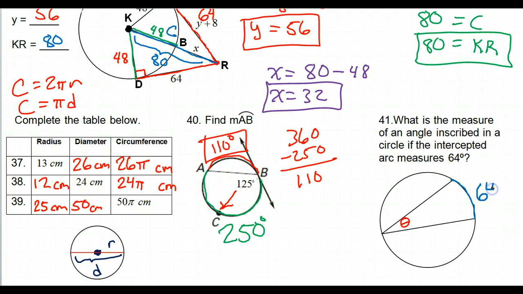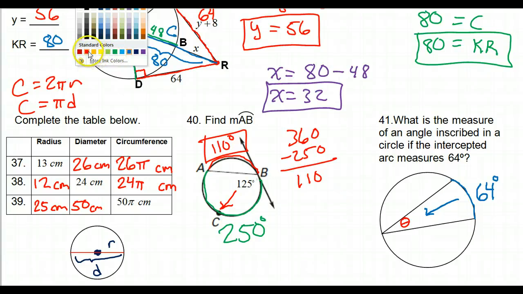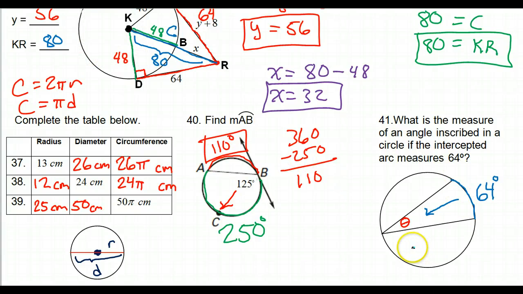So the question is, if this is 64 degrees, then what is going to be the measure of the angle? If you understand all that vocabulary, then you probably understand, again, that the inscribed angle is going to be half of the intercepted arc. So that means that theta will be 32 degrees. Okay, it's half.